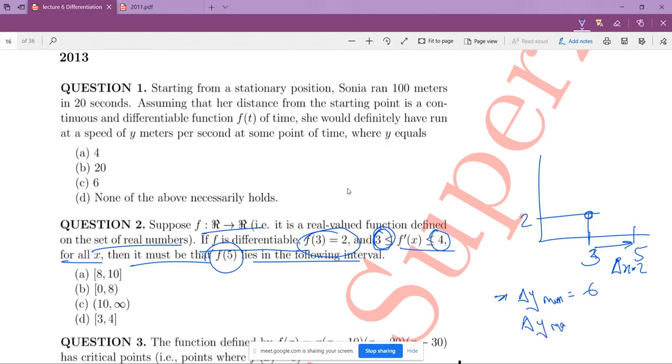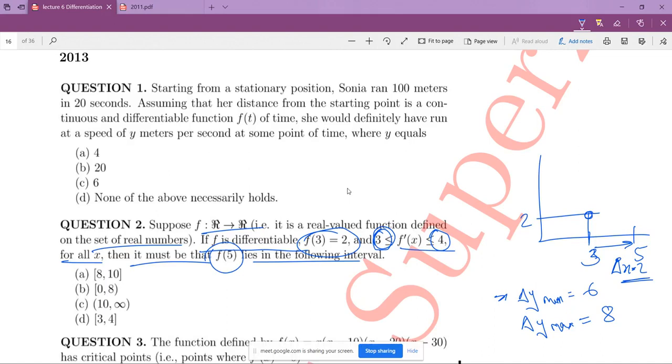The maximum change in y is 4 into 2, because the slope is at most 4. 4 times delta x is 8. So minimum it should change by 6, maximum by 8. It cannot do anything outside these two values.